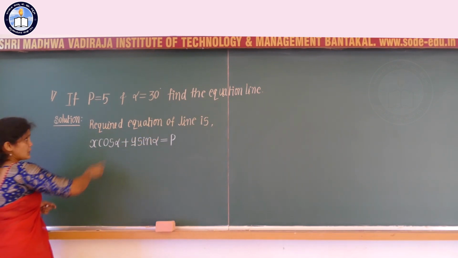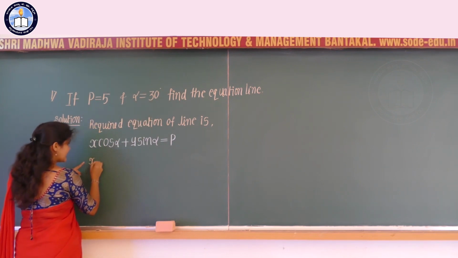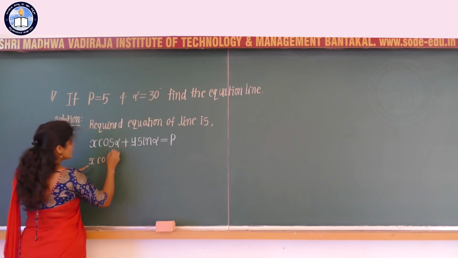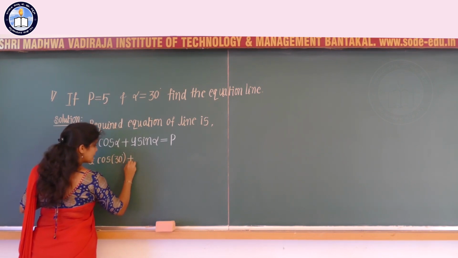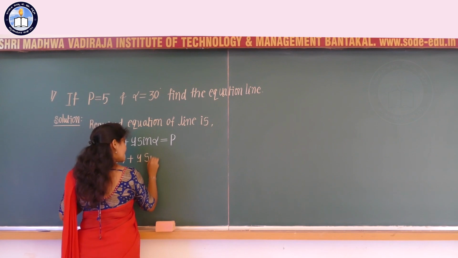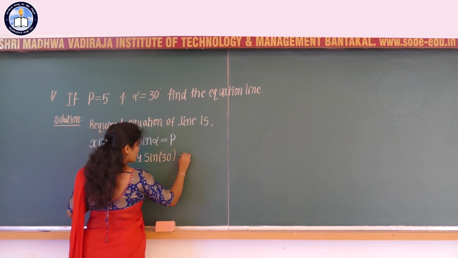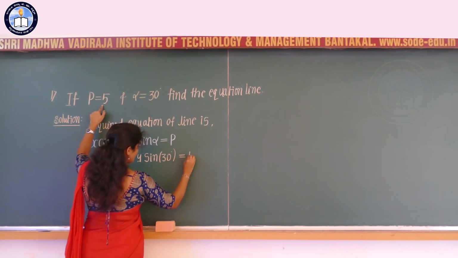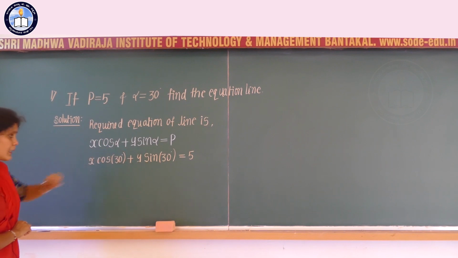So let us substitute the values of alpha and p. Then we can write it as x into cos of 30 degree plus y into sin of 30 degree is equal to the length of the perpendicular from the origin to the line, that is pi.